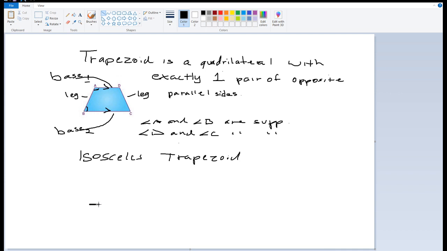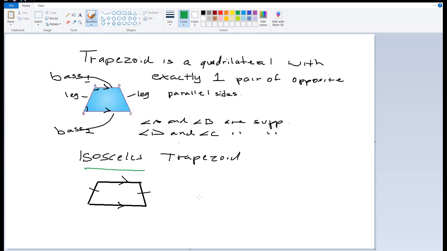So let's say we have something like this. If these two are parallel, we know it's a trapezoid. But if the two legs are congruent, then we say this is an isosceles trapezoid.